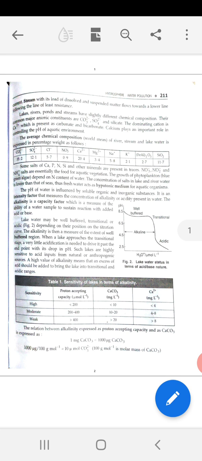The relationship between alkalinity expressed as proton accepting capacity and as calcium carbonate is as follows. 1 milligram calcium carbonate is equal to 1000 microgram of calcium carbonate. 1000 microgram divided by 100 gram per mole is equal to 10 micromole carbonate. 100 gram per mole is the molar mass of calcium carbonate.